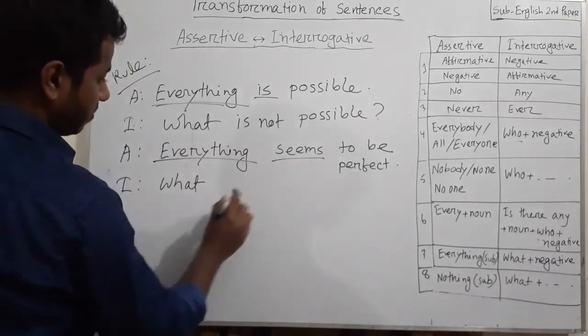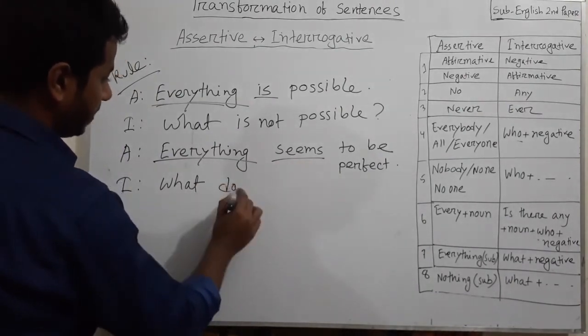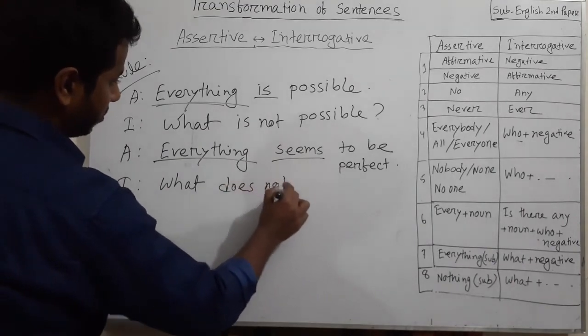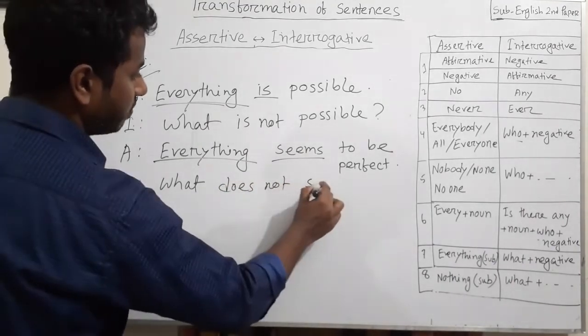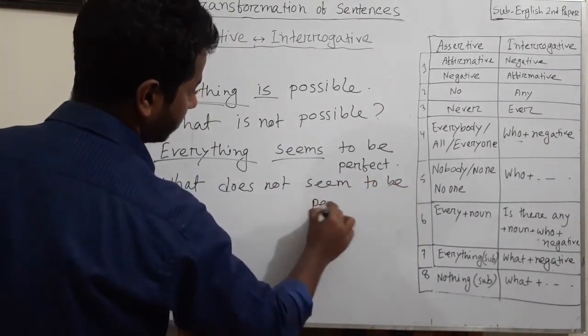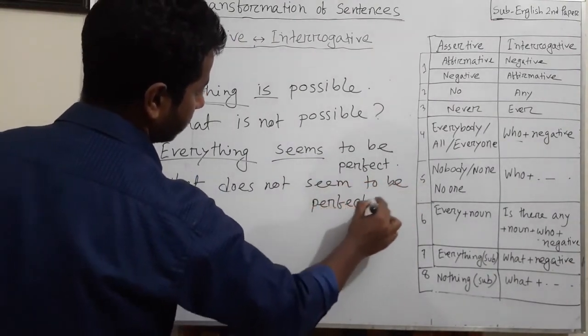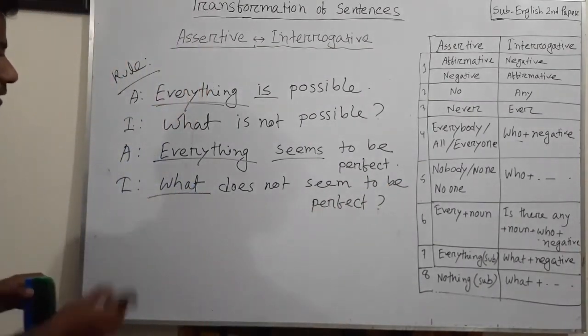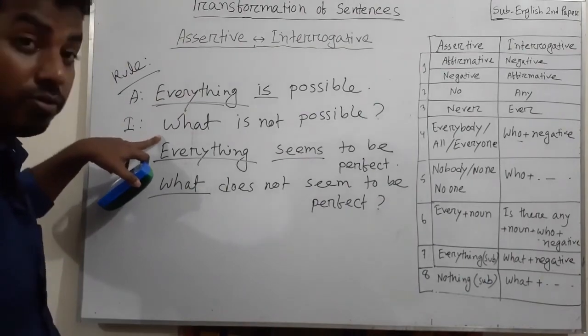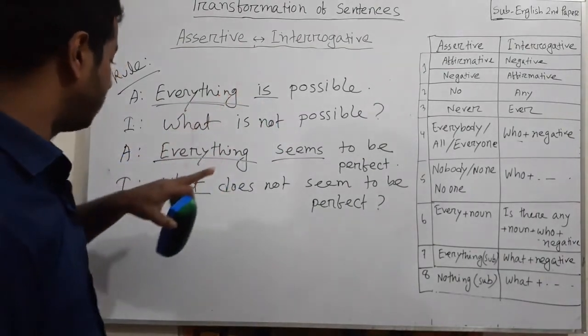In present indefinite tense, write does; what will be regarded as singular, so what does, then not: what does not seem to be perfect? Question mark. Okay, so dear learners, in an assertive sentence everything, in the interrogative sentence there will be what, and the sentence will be in negative form.